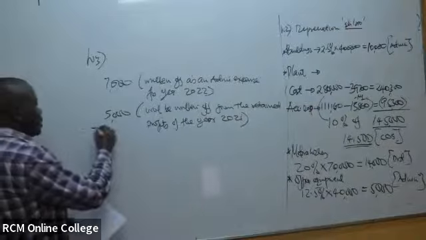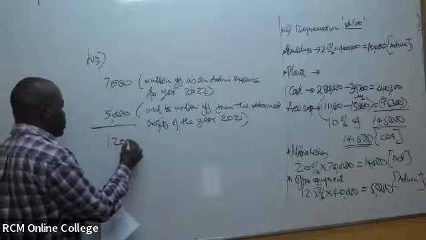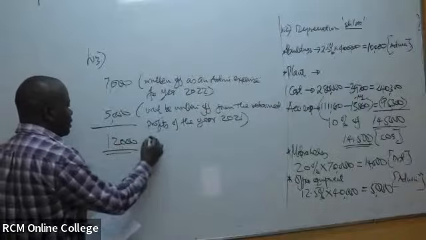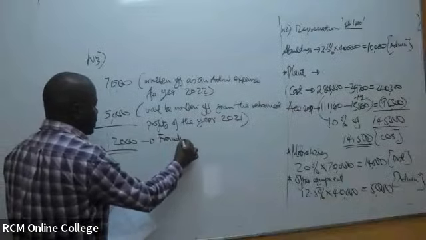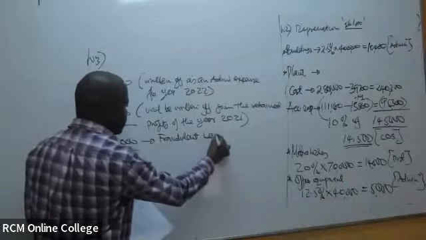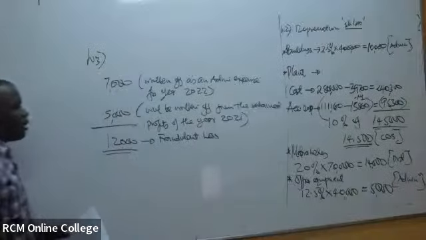So the total here of the loss is actually 12 million, which is basically the fraudulent loss. This is basically how you'll be able to account for it.